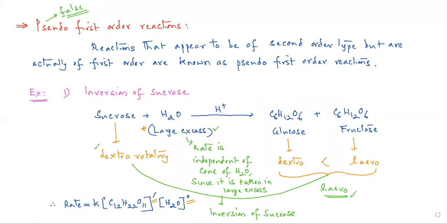See, because it is taken in large excess, rate becomes independent. So this is the best example for pseudo first order reaction. Appear to be of second order type, but are actually of first order.